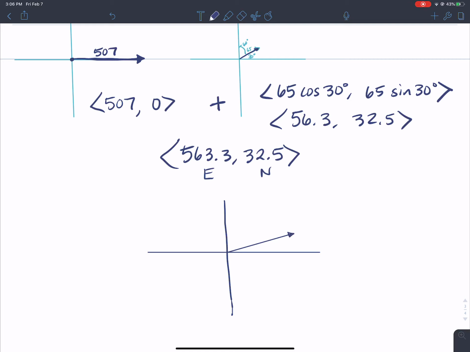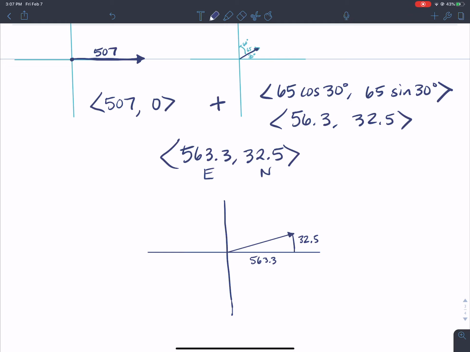Something like that. I have no idea, I'm not drawing it very accurately. But if you know that this is 563.3 and you're going up 32.5, how can we figure out what the new speed would be?